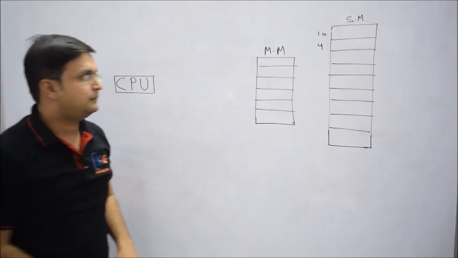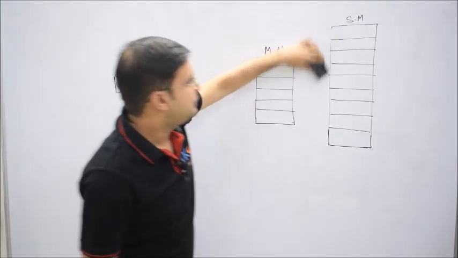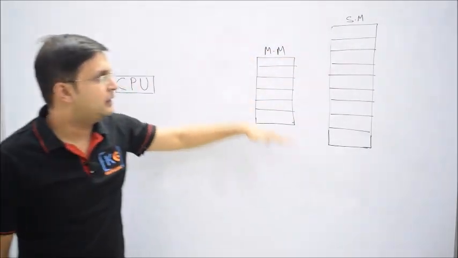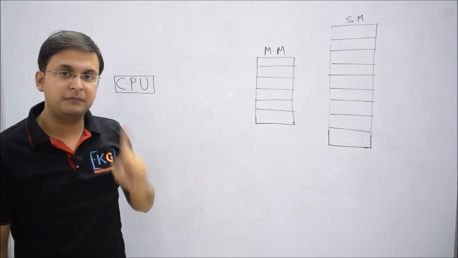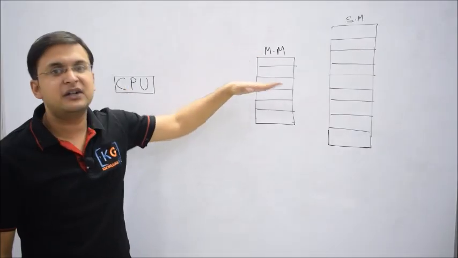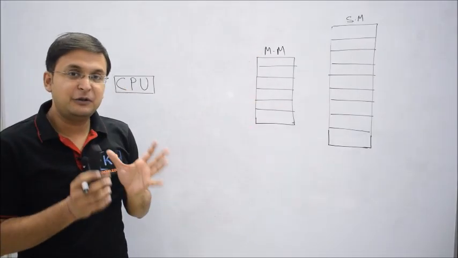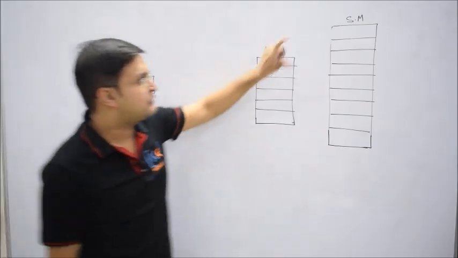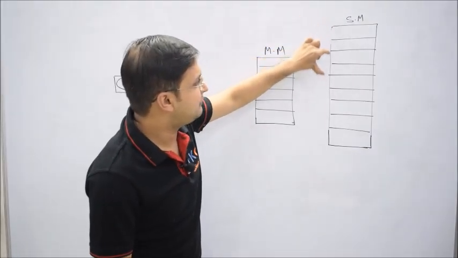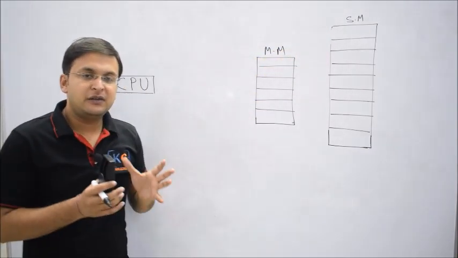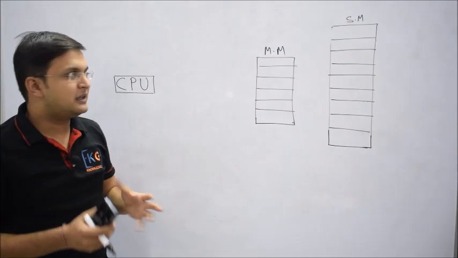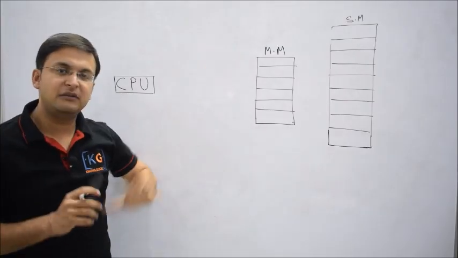So what we do is divide secondary memory into fixed size partitions, where the size of each partition is the same. That is a very crucial thing, because when the size of each partition is the same, it is logical that the management of these partitions will be very easy.